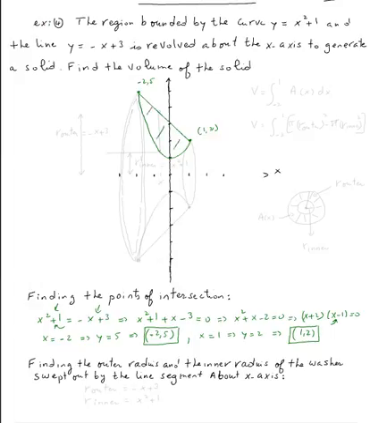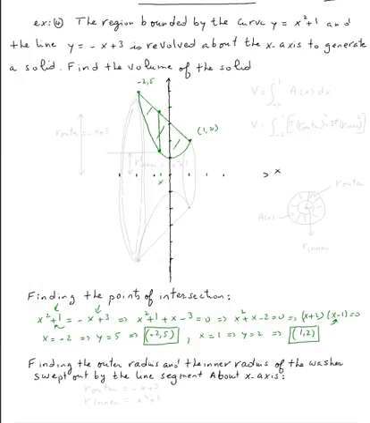It's going to be revolved about the x-axis. In other words, all we care about is this: if we take some x here and take this line segment from here to here, and revolve it about the x-axis, we are going to get a washer. Why a washer? Because this line segment doesn't go all the way to the x-axis.